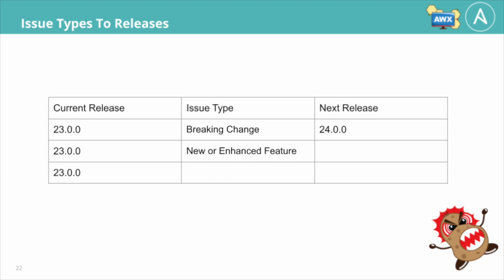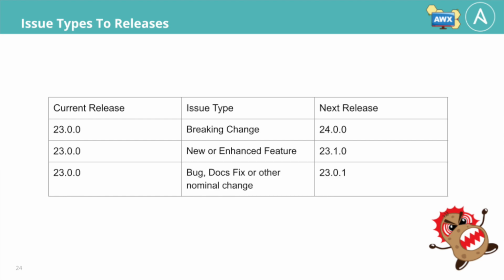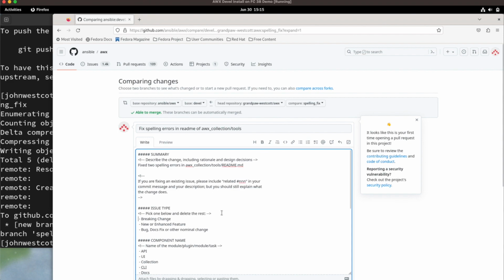If the commit had an issue type of new or enhanced feature, we would release 23.1.0. And if the issue type was bug, doc fix, or other nominal change, we would release 23.0.1.